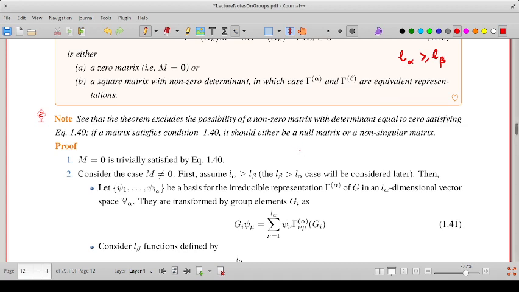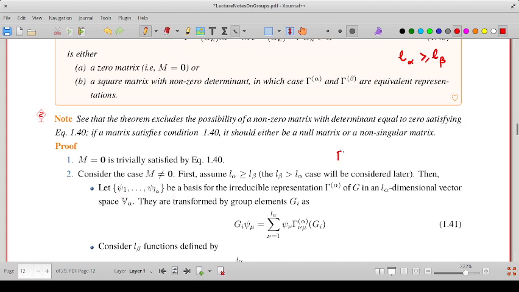So now we consider the representation gamma alpha of the group G in the vector space V alpha. There will be associated basis vectors for this representation, and those basis vectors will be denoted by psi 1, psi 2, etc. up to psi L alpha.